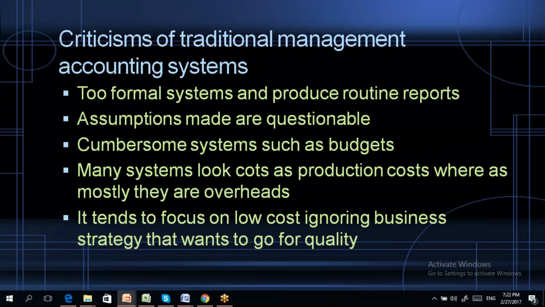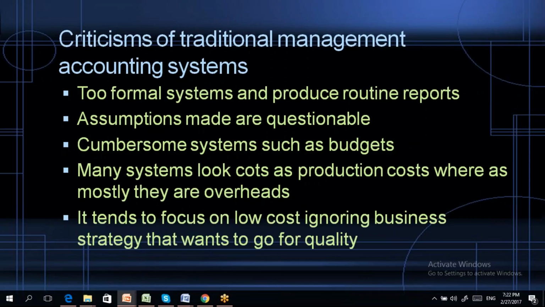And it is very cumbersome with things like budgets. And many look at cost as a production cost, whereas most of them are overheads. Because when you put the overheads into the production cost, everything is going as production cost. But we realize the bulk of it is production overhead.